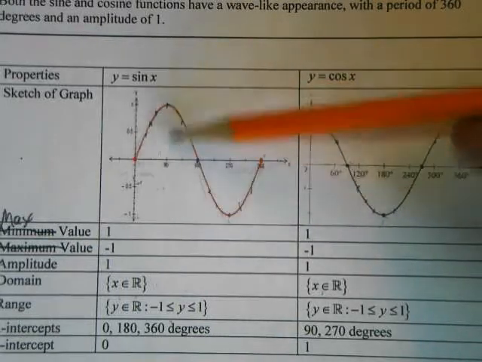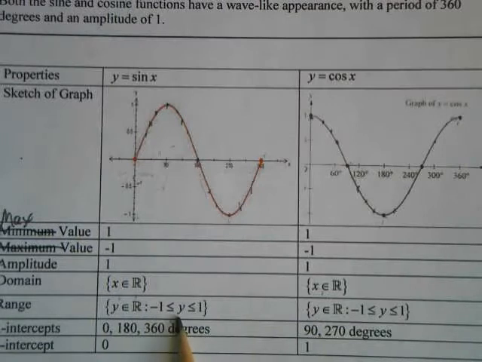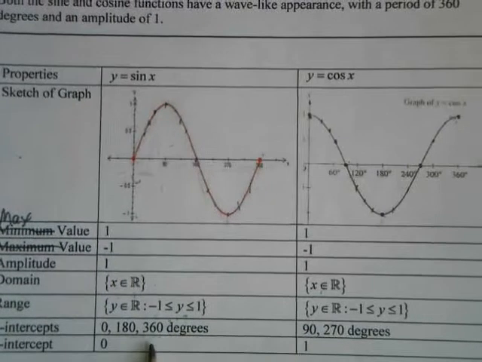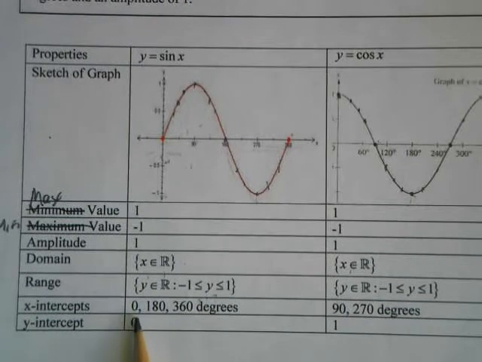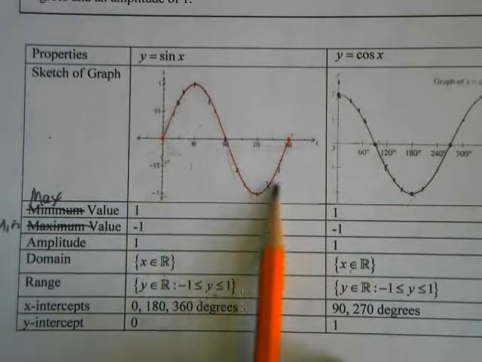So the y values have to be between 1 and negative 1. So that says the range is restricted, that y is greater than or equal to negative 1, less than or equal to 1.